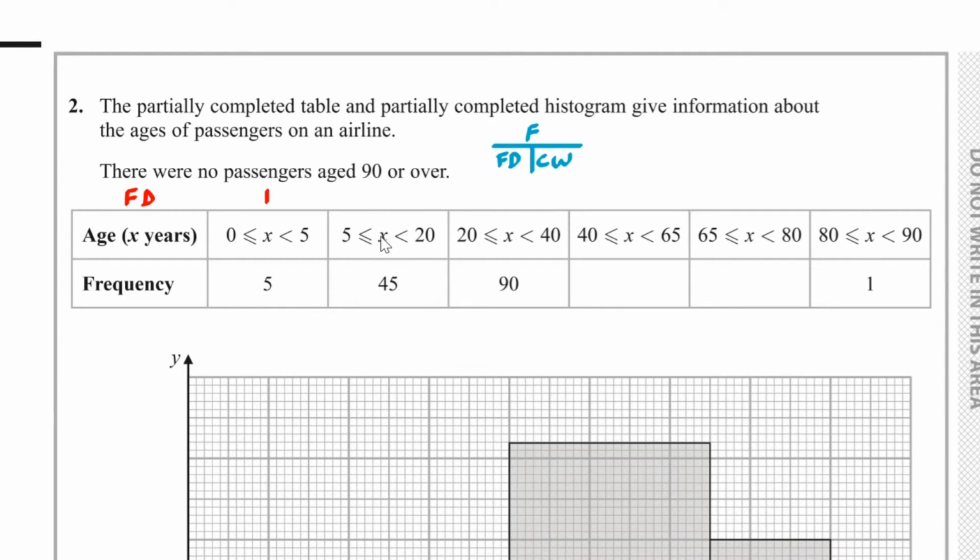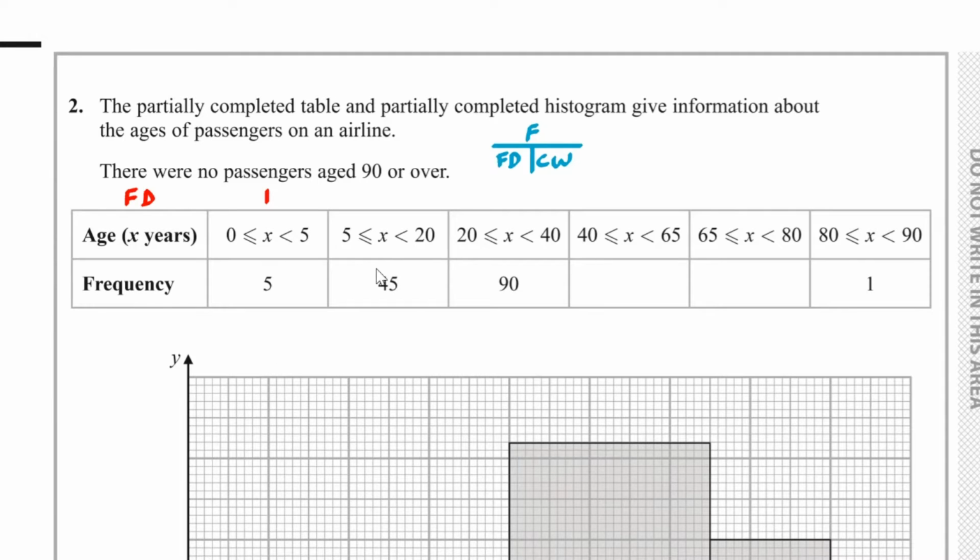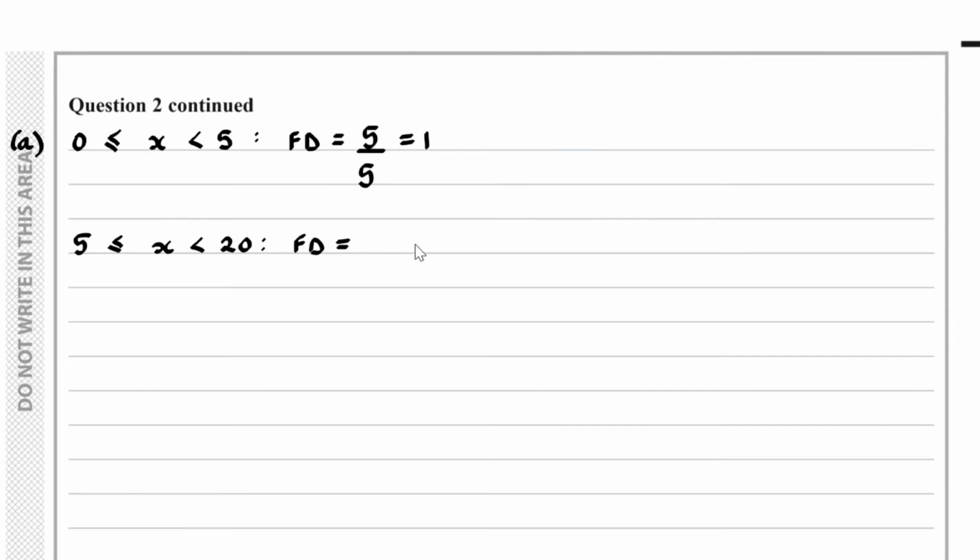If I look at the next interval, 5 to 20, the frequency density here is equal to frequency 45 divided by the class width, which is 15.